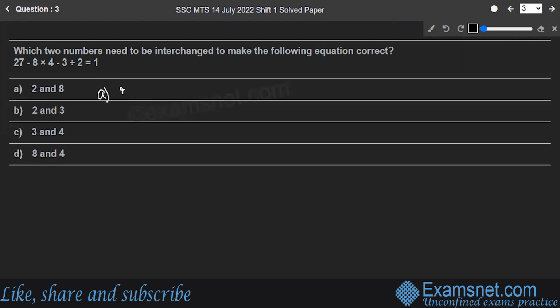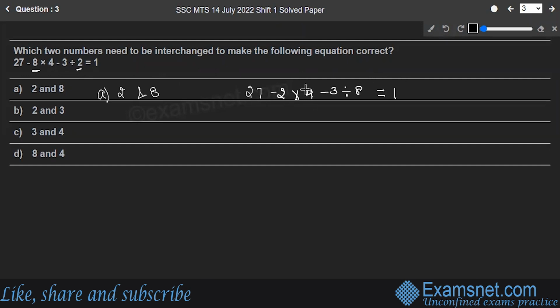It's 2 and 8. If I interchange 2 and 8 in this given equation, it becomes 27 minus 2 multiply 4 minus 3 divided by 8. This should be equal to 1.